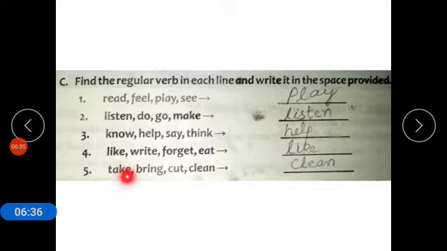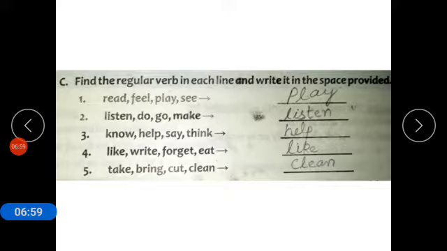take, took, taken, irregular verb. Bring, brought, brought, irregular verb. Cut, cut, cut, irregular verb. Clean, cleaned, cleaned. So clean is a regular verb.